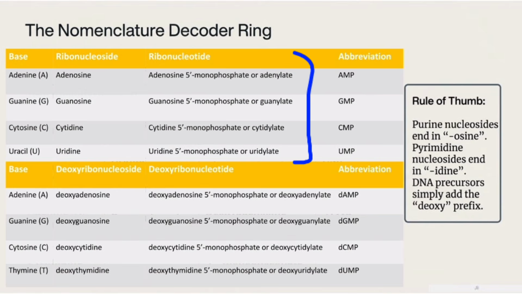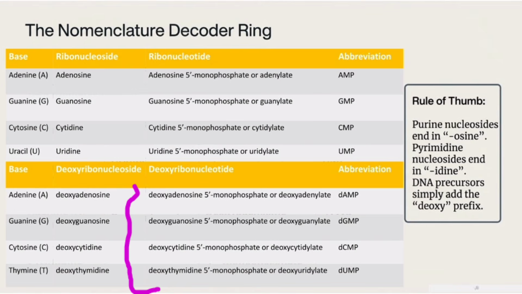So for guanosine 5' monophosphate, the abbreviation is GMP. We also have GDP and GTP. Then cytidine monophosphate, CMP, CDP, CTP, and that goes on. For deoxyribonucleotides, we have deoxy added to the beginning of the name, and that's what makes it different.